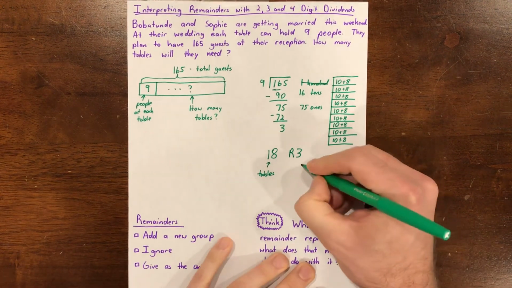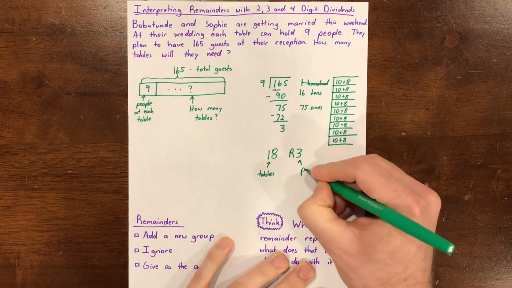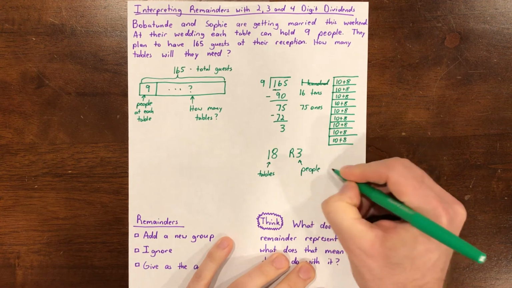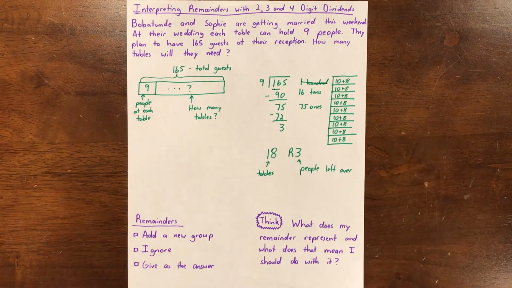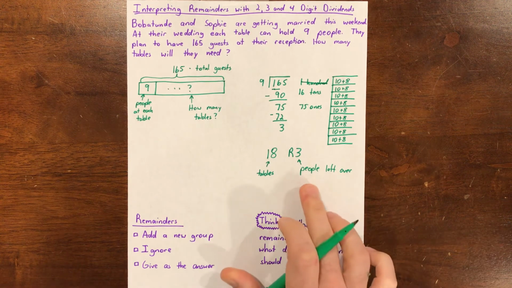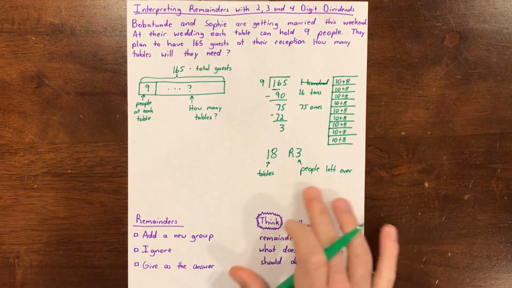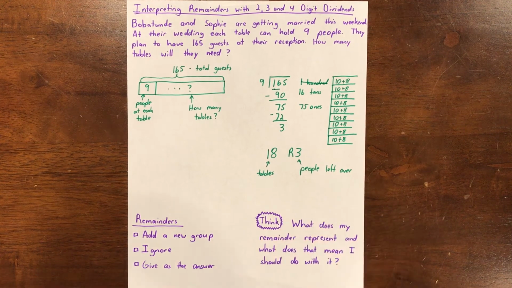And this remainder 3, those are the people that are left over. They don't have a table, right? They wouldn't fit at a table with 9 people at it. Okay, so thinking about that, what's that mean we should do with this remainder? If we've got 3 people left over that don't have a table, what should we do with it? Say it out loud. And don't forget to say why.